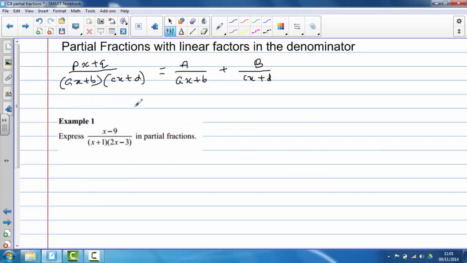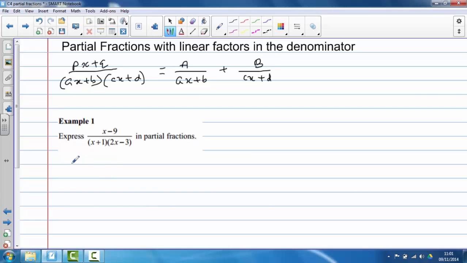We've got partial fractions linear factors, so we've got linear factors at the bottom, and the way to treat this is to separate them out as separate fractions and write the numerator as a constant. Okay, so let's see how this works.